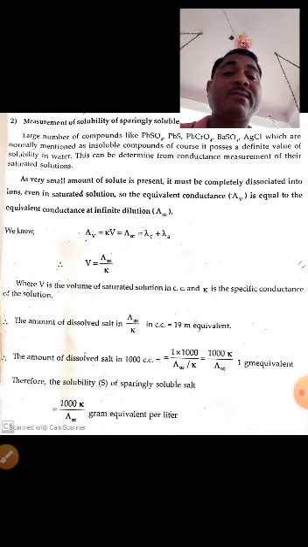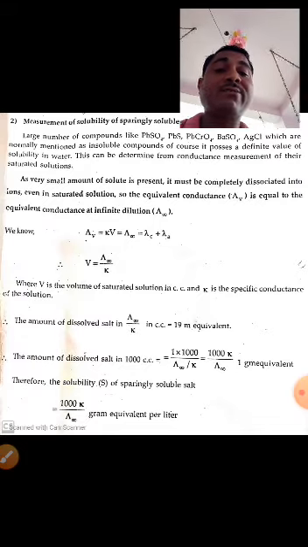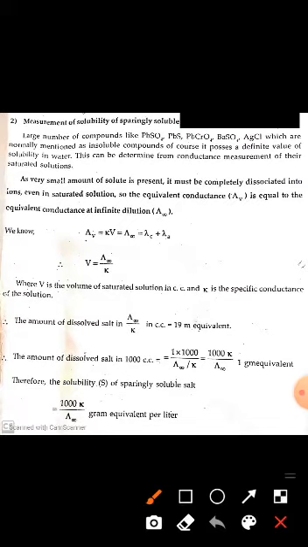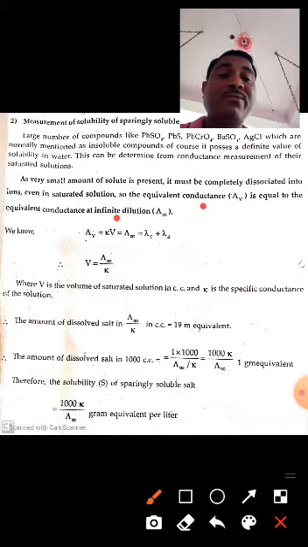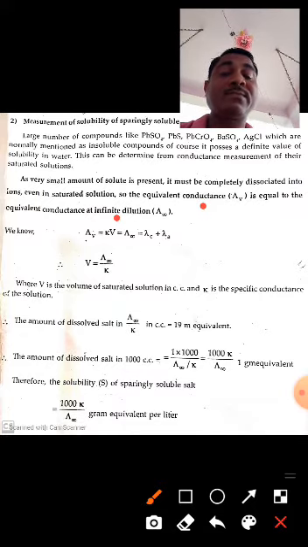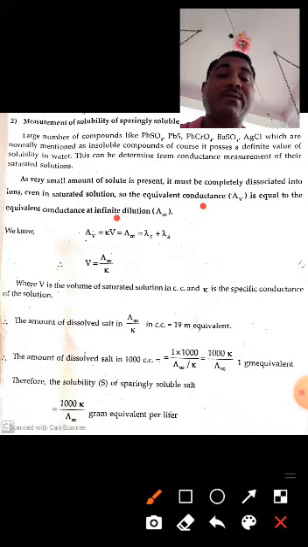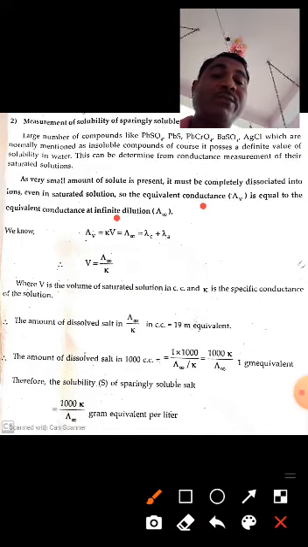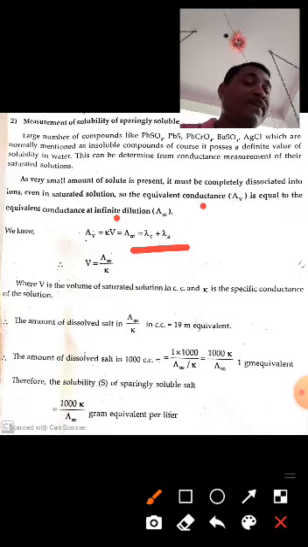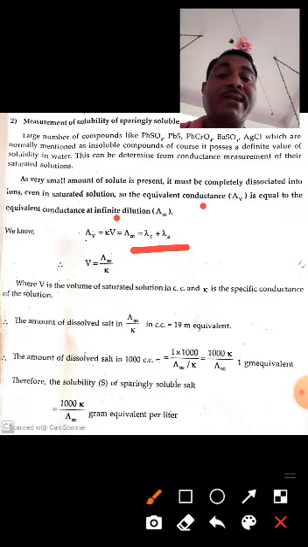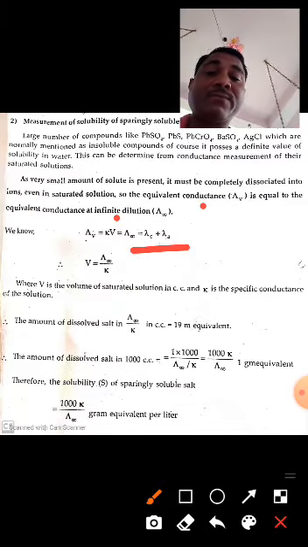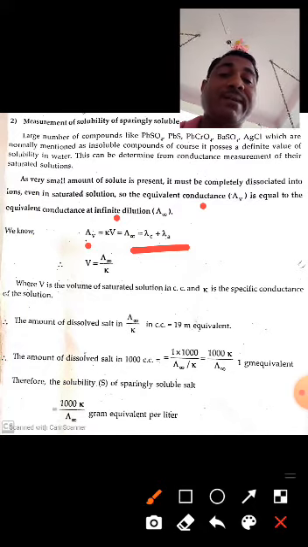So the equivalent conductance at the given dilution becomes equal to the equivalent conductance at infinite dilution.